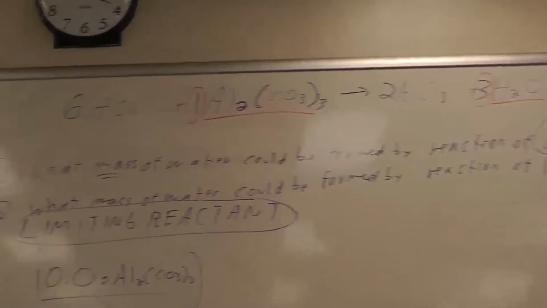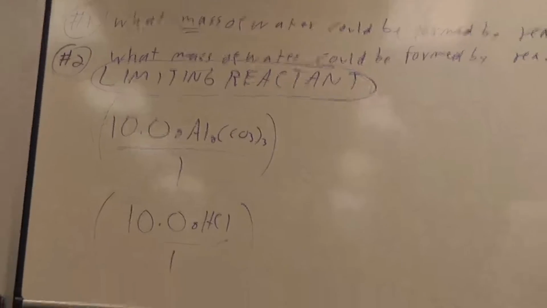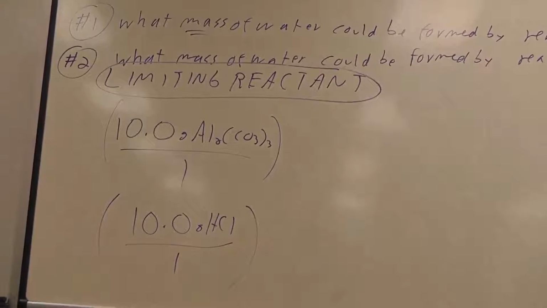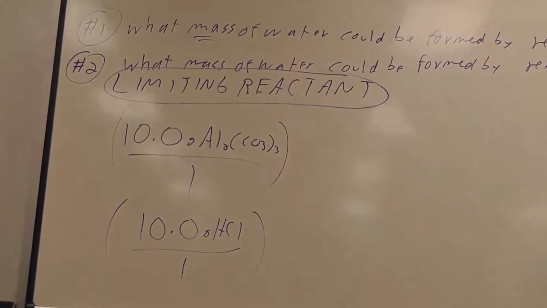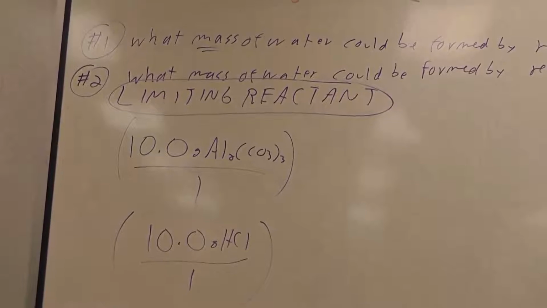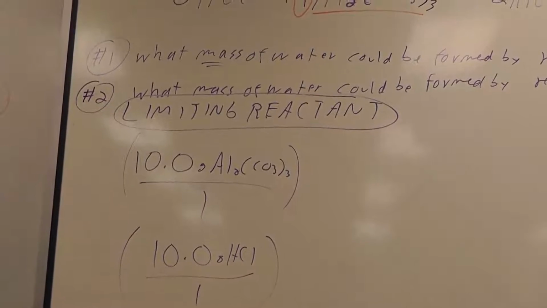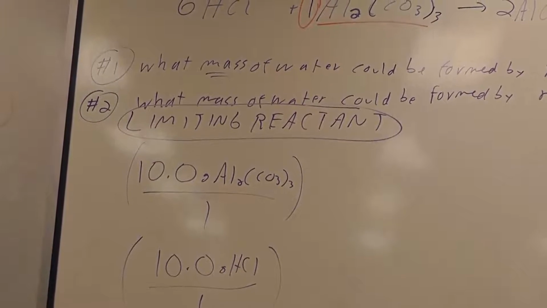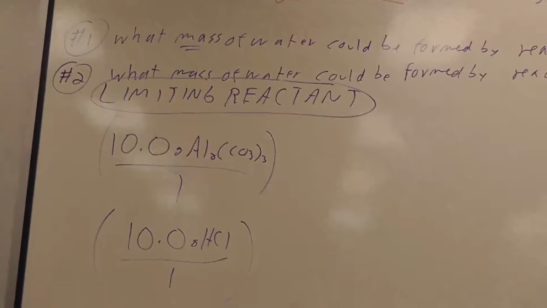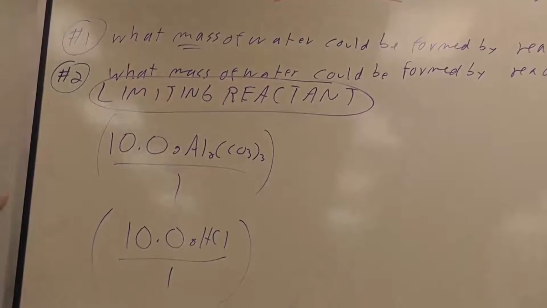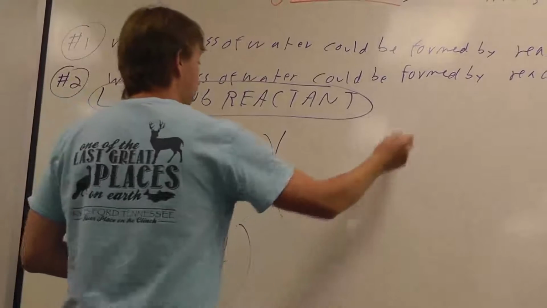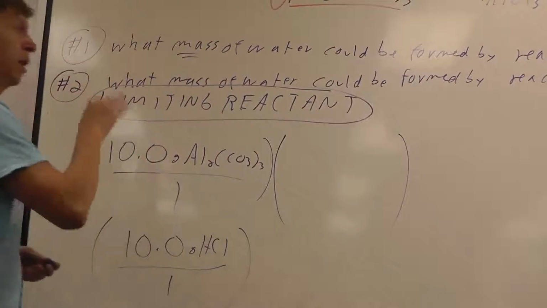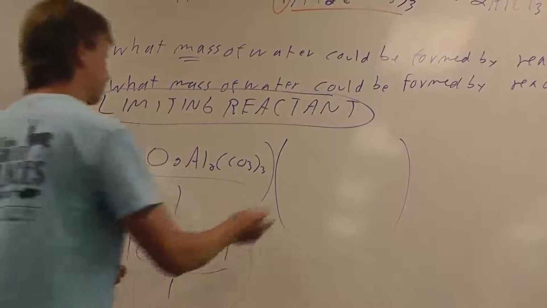It's going to make it longer, but it's not going to make it a different method. When we knew it was going to be aluminum carbonate consumed, we made a prediction. When we don't know which one gets completely consumed, we make two predictions. And at the end, we'll compare them. But each of these parts is exactly like we did in problem 1.